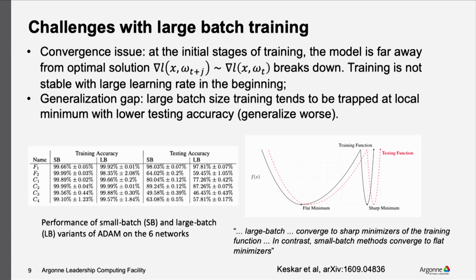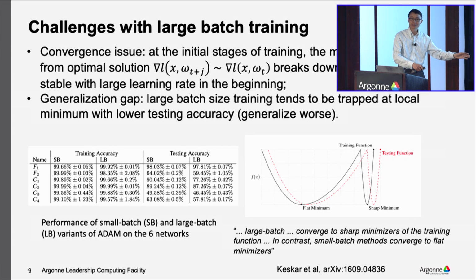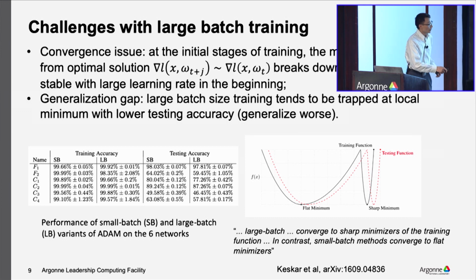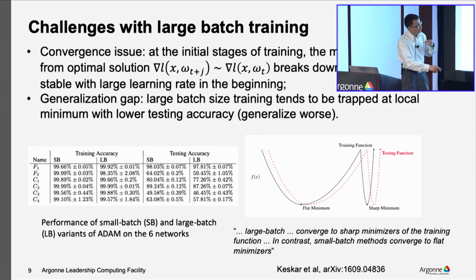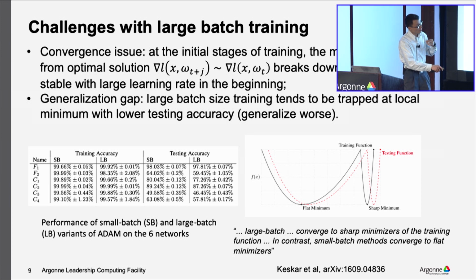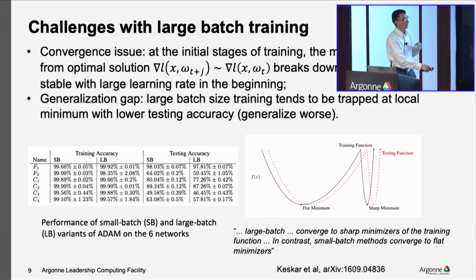For example, the black curve corresponds to the loss associated with your training set, and the red curve is associated with your test set. For the flat minimum and sharp minimum, they both have similar accuracy for training. But suppose in the training I stay in the sharp minimum, then I go to the test set. The same point for the test set will have a much higher loss. So it's good if we find the minimum point in the flat region.